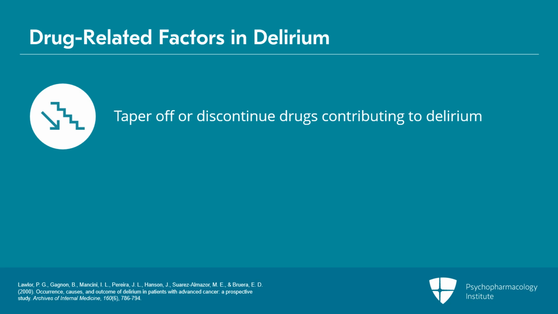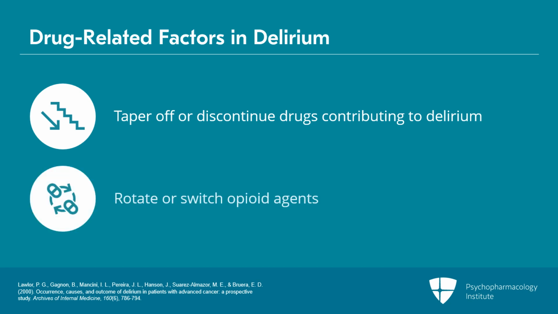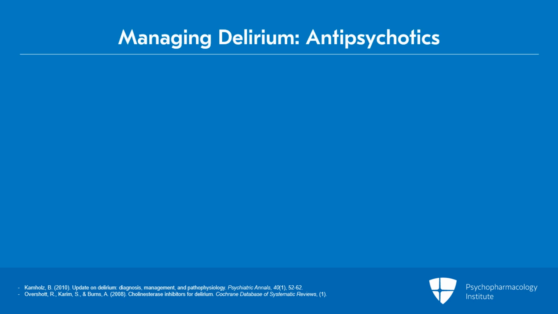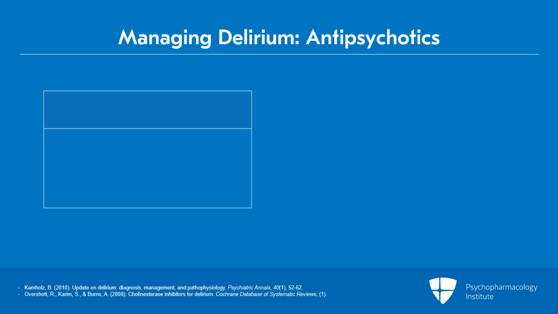For example, benzodiazepines that are sometimes used for management of agitation can worsen the presentation of delirium. If we suspect that the patient's delirium could be caused by opioids, it makes sense to rotate or switch opioid agents.